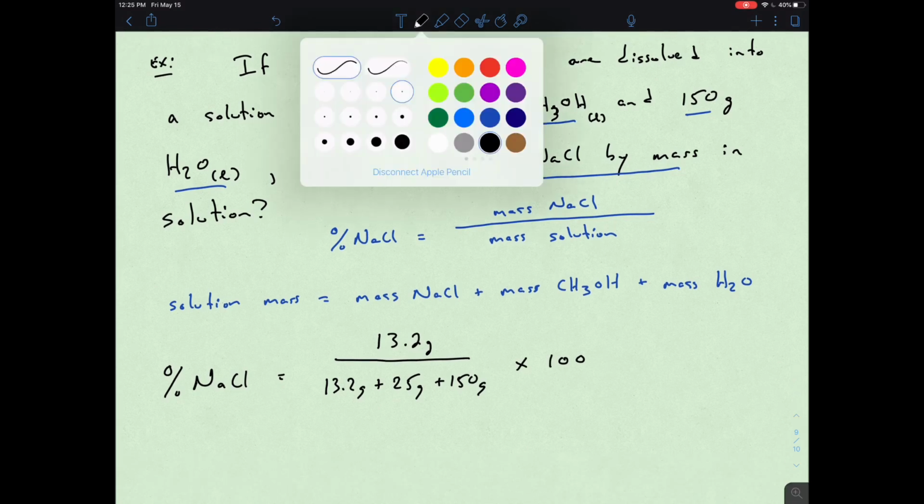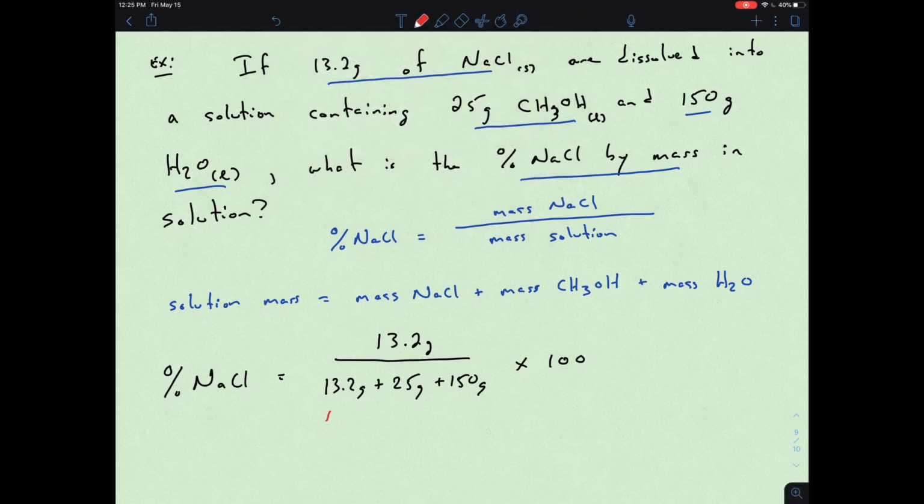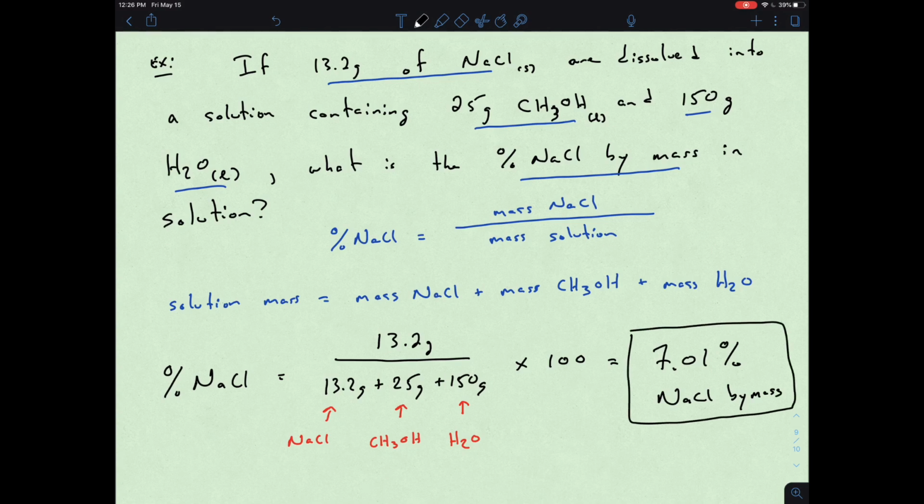Those are the three components that we have: the sodium chloride, the methanol, and the H2O. That equals 7.01% sodium chloride by mass in that solution. So that's an example of mass percent.